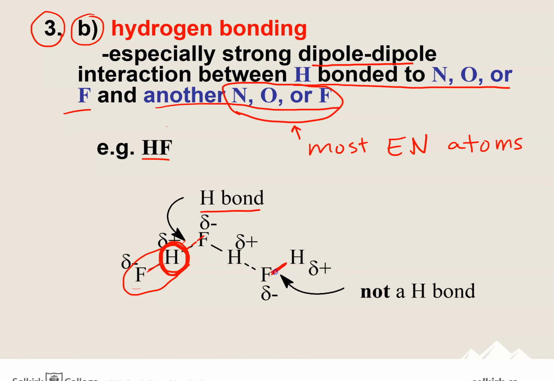This is a bond to hydrogen. This is a hydrogen bond. Clear on the difference? Hydrogen bond is just an intermolecular force. So hydrogen bonds, because the charge is greater on that little tiny hydrogen, the charge density, make a really strong dipole-dipole interaction, which affects, again, the physical properties of the molecules.